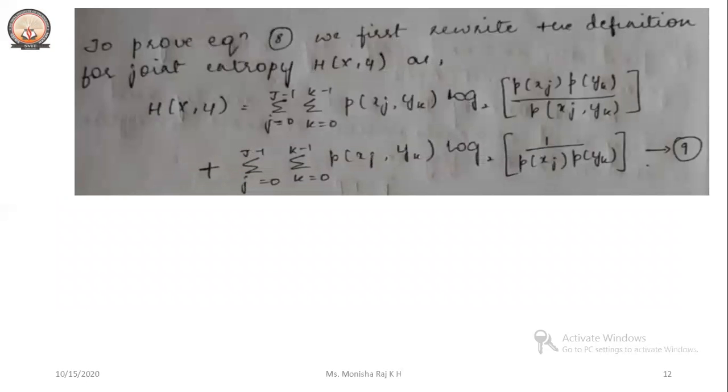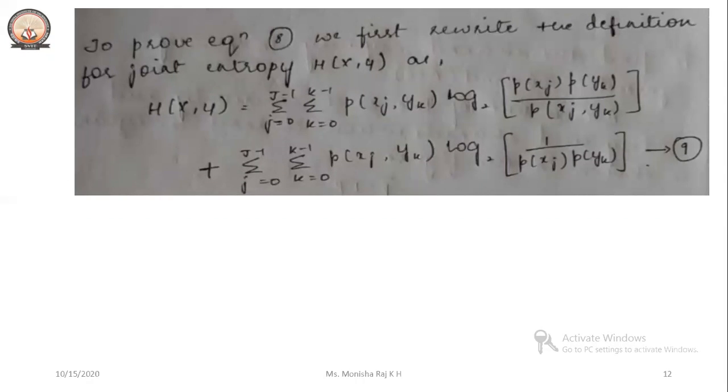We will split the above equation as summation j = 0 to J-1, summation k = 0 to K-1, p(xj, yk) log of p(xj) into p(yk) by p(xj, yk), less summation j = 0 to J-1, summation k = 0 to K-1, p(xj, yk) log of 1 by p(xj) into p(yk).